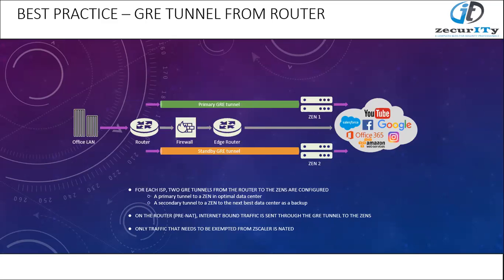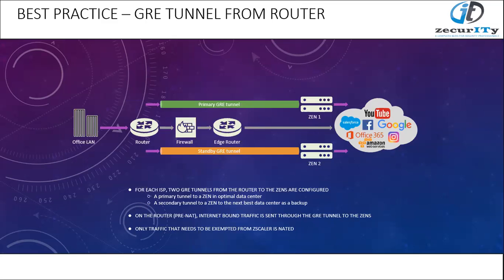It may be GRE or IPsec. GRE and IPsec selection is based on the customer needs and the customer infrastructure. If they have routers which have the capability to configure GRE and their bandwidth is up to 1 Gbps, then we can go ahead with GRE on routers. And if they don't have any managed routers capable of handling GRE, then they can go ahead and use IPsec.